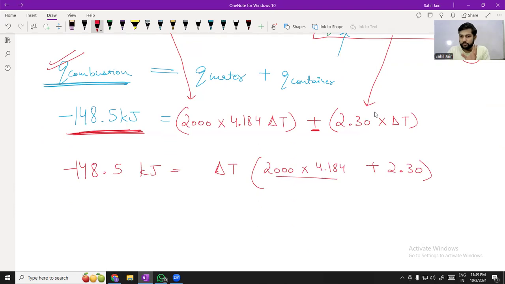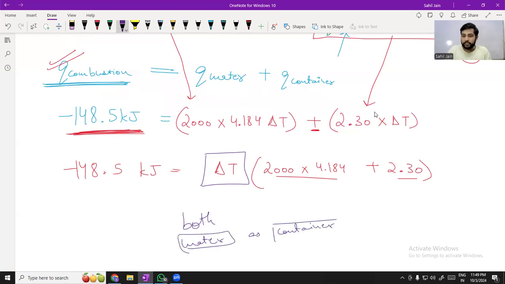Then multiply these two, add to this one, then divide it by taking it to the left hand side, and you'll get your change in temperature. That change in temperature would give us the change in temperature for both water as well as container, because both of them are getting equal change in temperature.